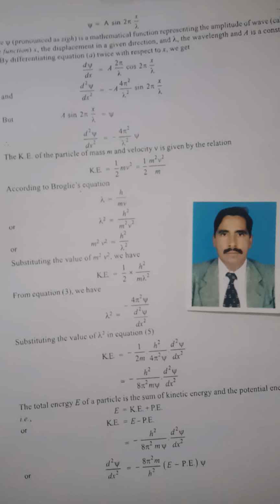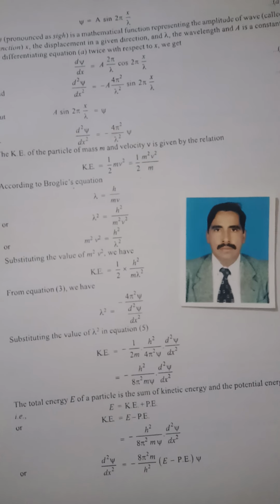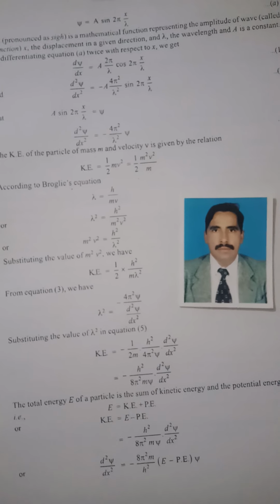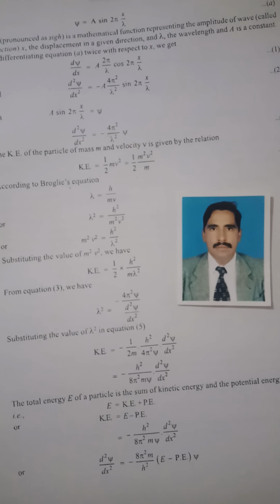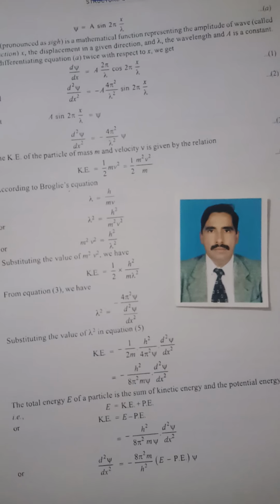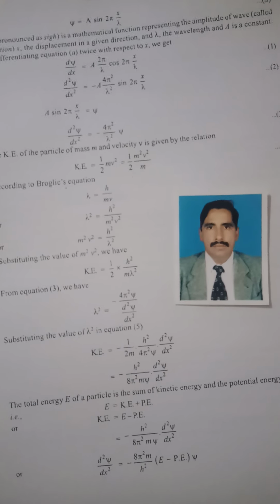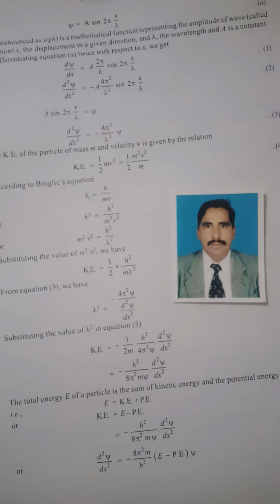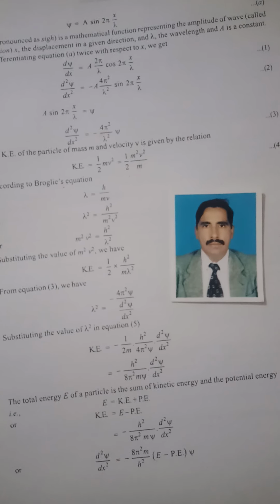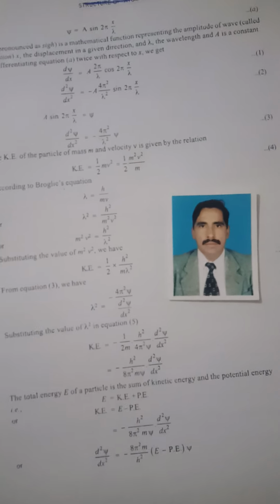Kinetic energy of a particle of mass m and velocity v is given as half m v square. Taking this kinetic energy equation, we rearrange it.